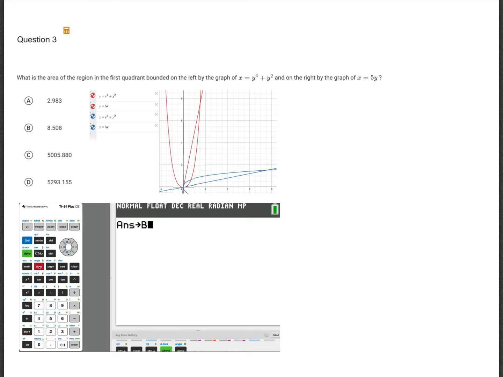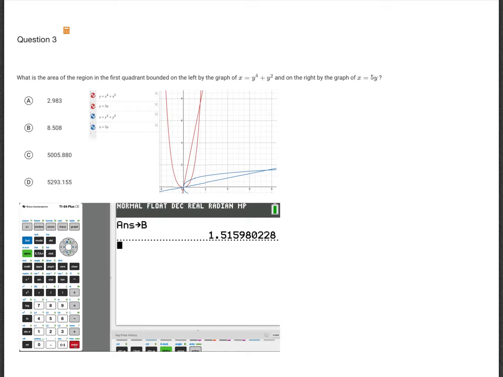Then do alpha and a letter, and now it's going to store that letter as the x value of the intersection point. Remember, when we calculated the intersection point, this x value was 1.51. So now we've got this x value.